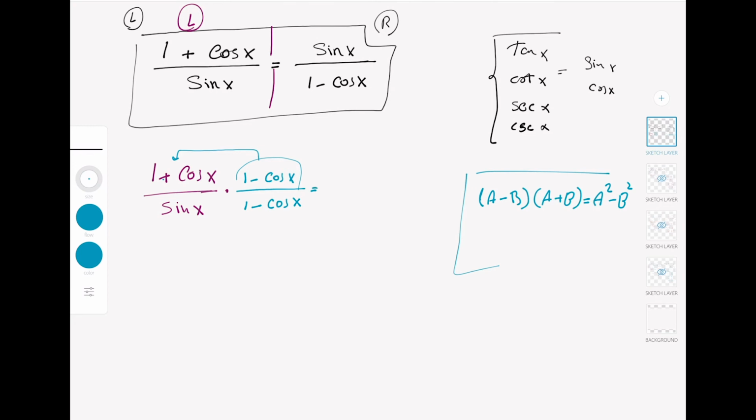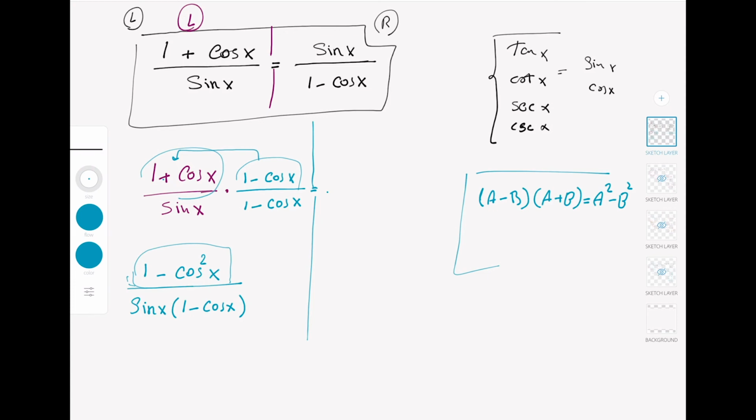When we multiply 1 plus cosine of x times 1 minus cosine of x, we get 1 minus cosine square of x, divided by sine of x times 1 minus cosine of x.